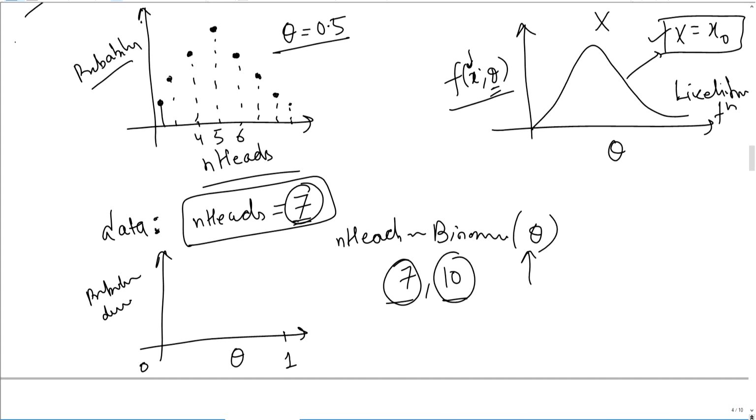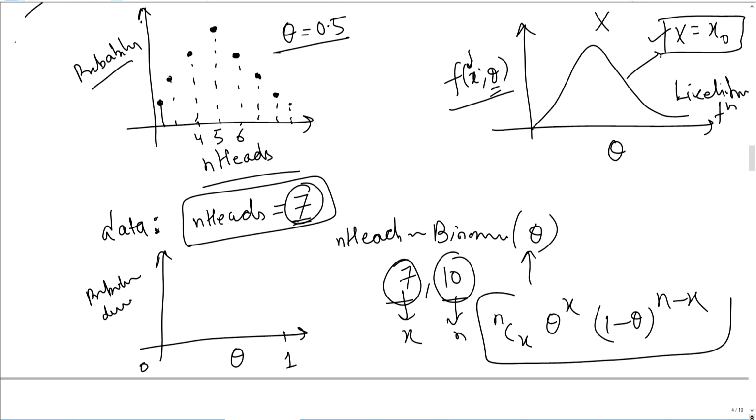So, what is the PMF of binomial distribution, by the way? N choose x, theta to the power x, 1 minus theta to the power n minus x, right. When n is 10 and x is 7, when x and n are known, then this function becomes purely a function of theta, right.